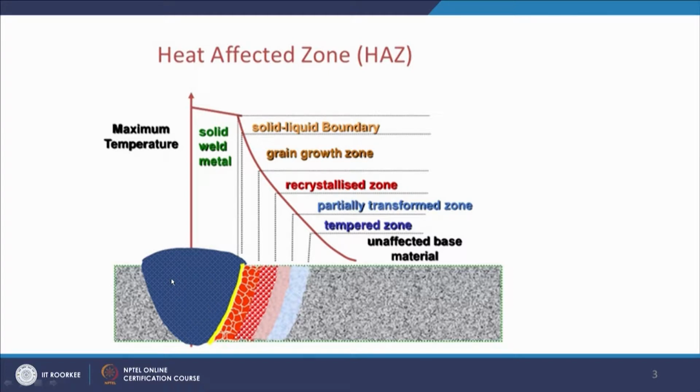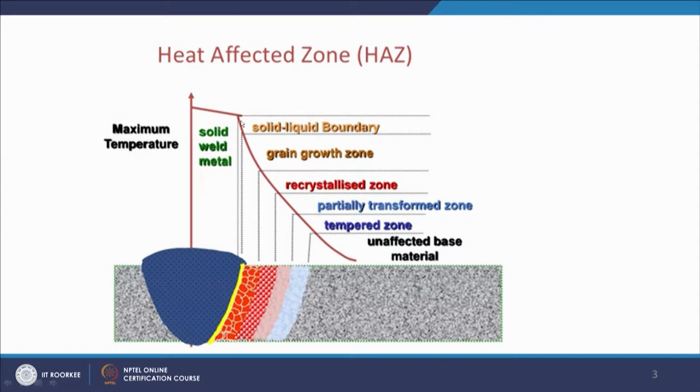It is like a casting, a solidified portion of the welded specimen, which was converted into liquid by application of heat and after solidification gives you this structure. That is known as solid weld metal, and that is the weld metal zone.